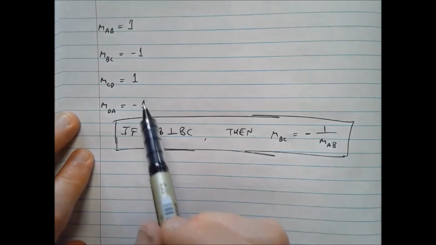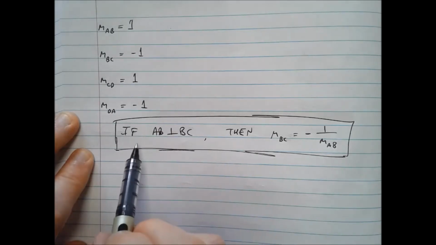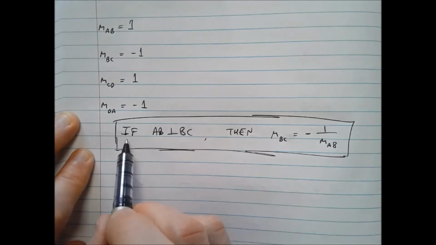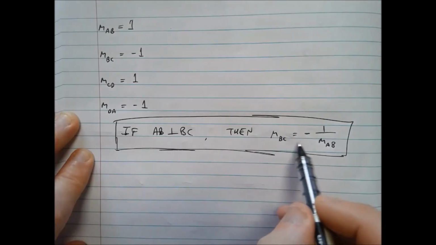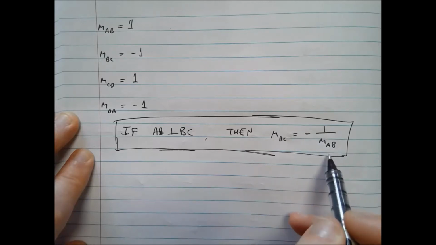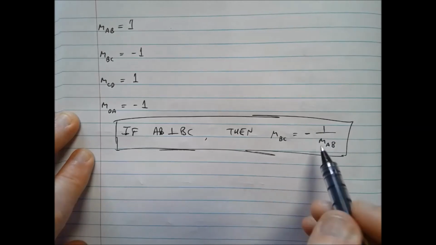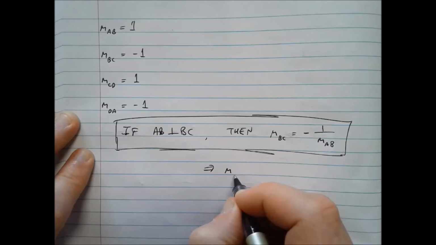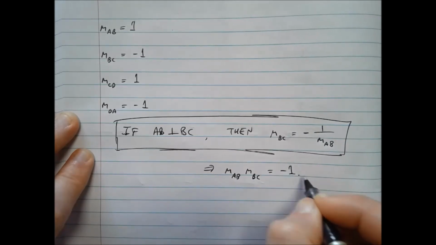Now, I'm trying to show, remember, that neighbouring sides are perpendicular, and the rule we have here is that if A to B is perpendicular to B to C, then the gradient of B to C is minus 1 over the gradient of A to B, so the negative reciprocal of the gradient of A to B. Now if you look at this formula, it can be rearranged to say that if two gradients are perpendicular, then they multiply to give negative 1.